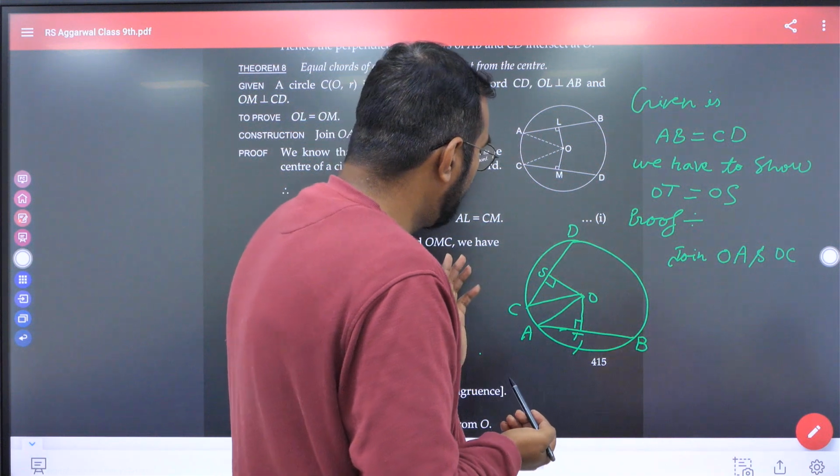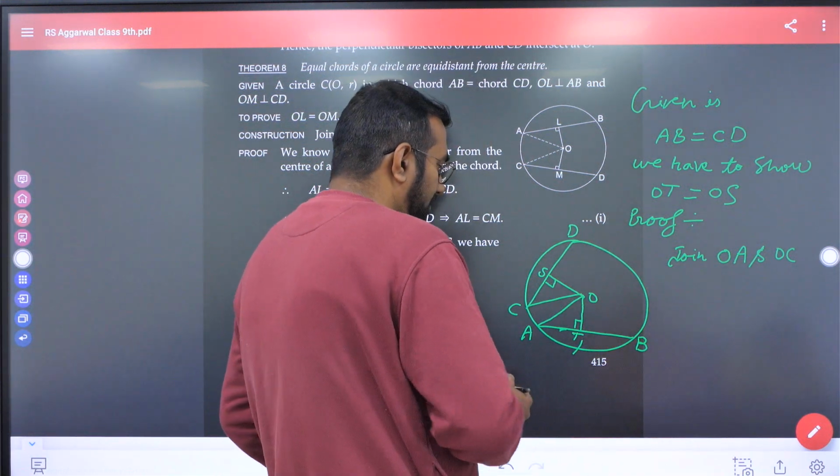So let's see how these two triangles are congruent.